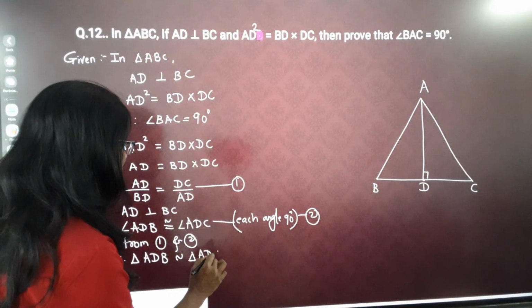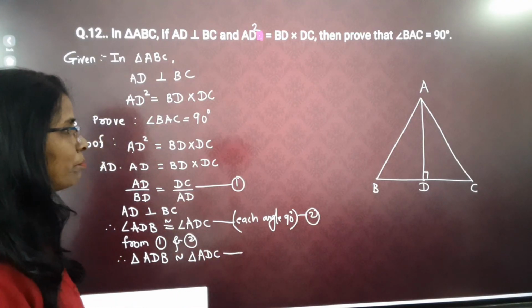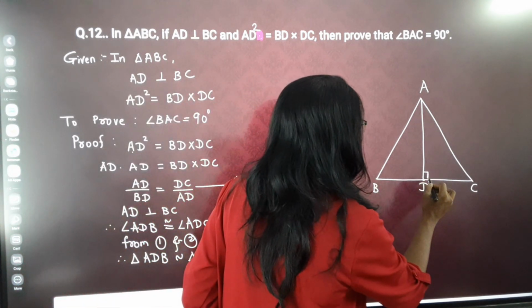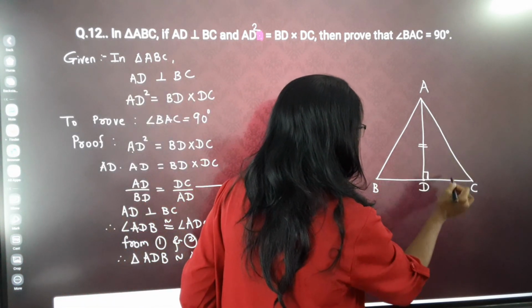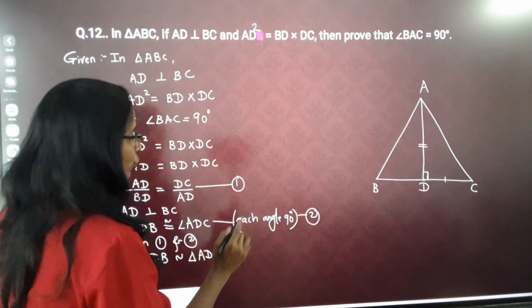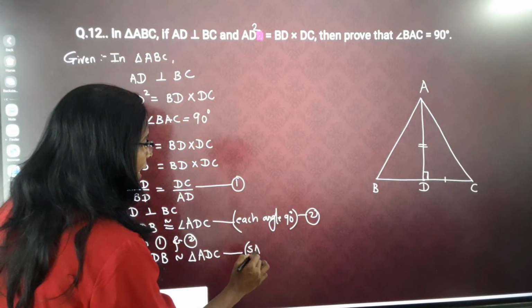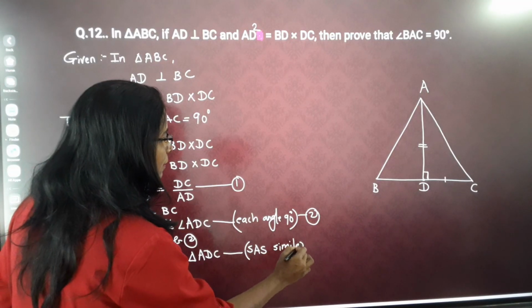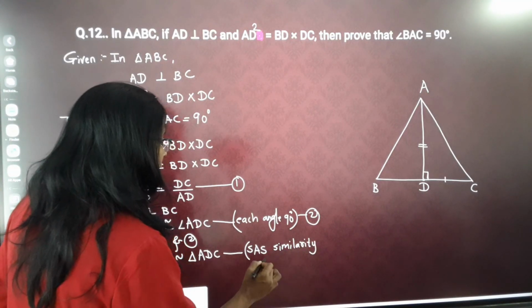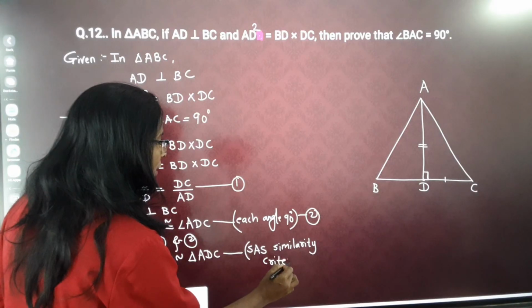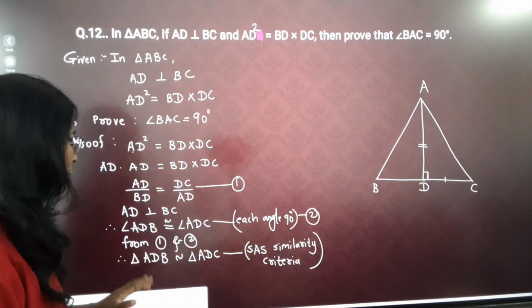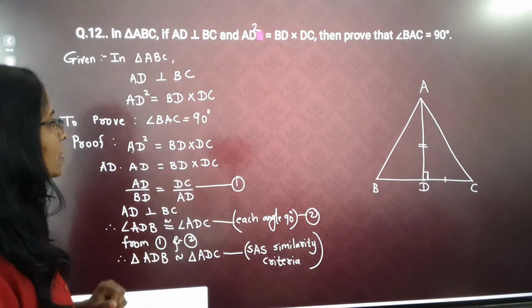As per this, this is the angle, this is the side, and this one is also the side, so that is the SAS similarity criteria. These two triangles are similar to each other.